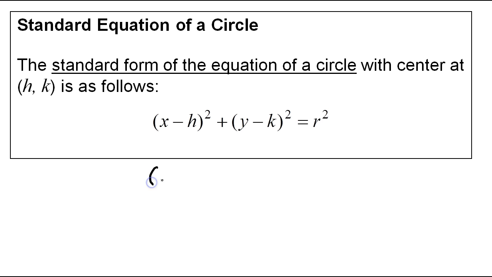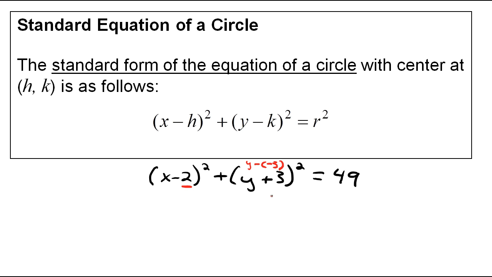So for example, if I have the equation x minus 2 quantity squared plus y plus 3 quantity squared equals, let's say, 49. What I can see from that is that here's my h. Now, if this is y plus 3, I need to think of it as being y minus a negative 3.